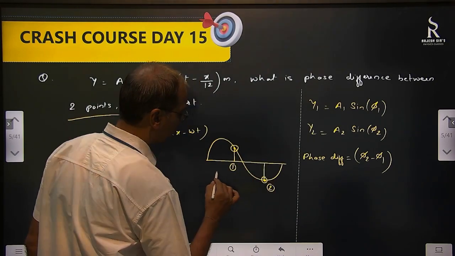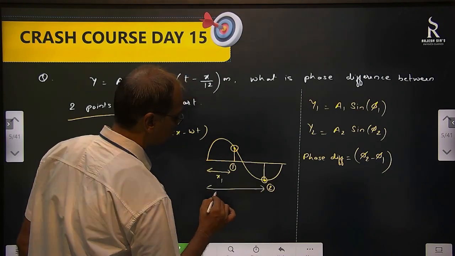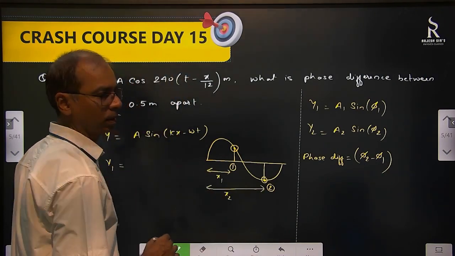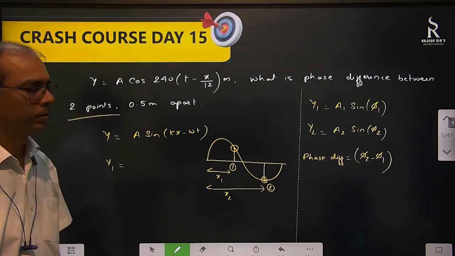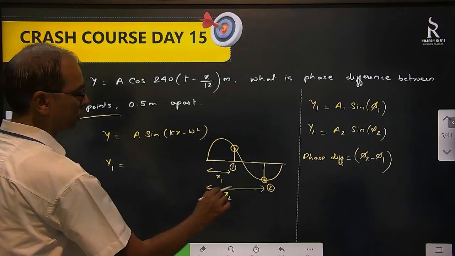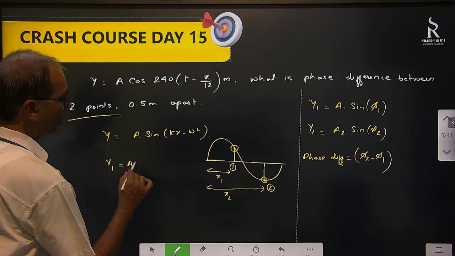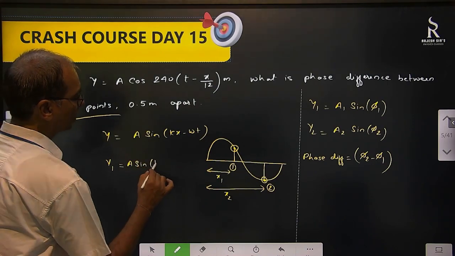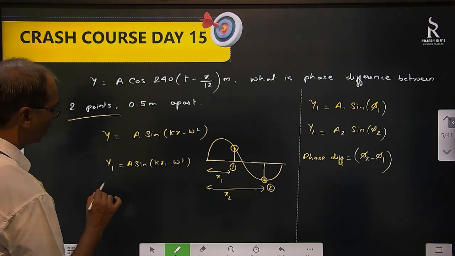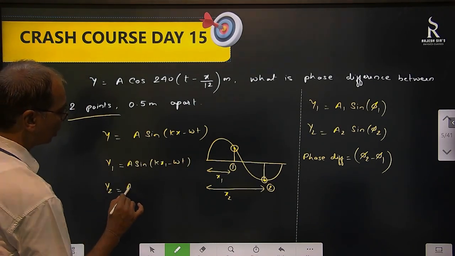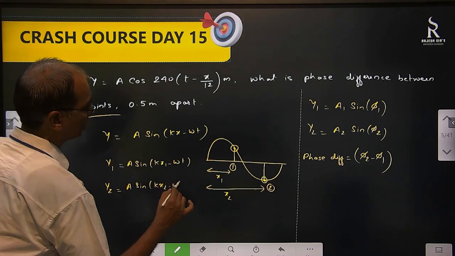So not only is their x coordinate different, but their y coordinate is also different, because at a given time they are at different positions. So what is the phase difference? Suppose y1 I am writing as a sin(kx1 minus omega t). Time is the same, remember. y2 is again a sin(kx2 minus omega t).